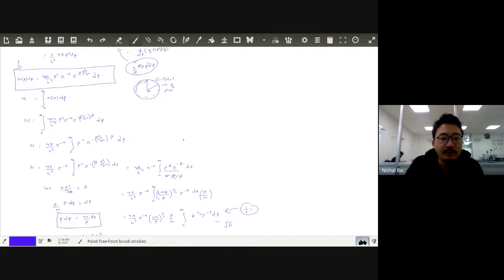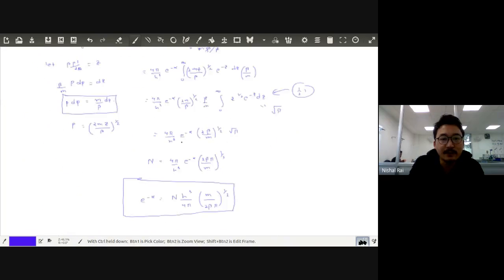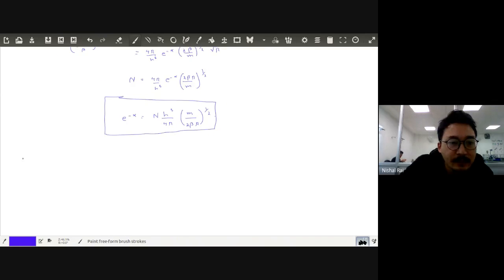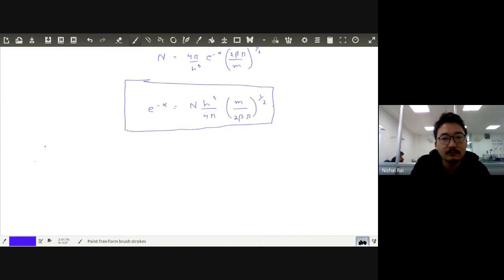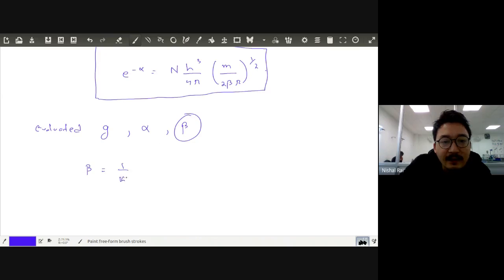Now we have found the value of g, you have found the value of alpha, and now beta is left. These are some of the expressions you have evaluated. Now you can know what is beta. Beta is 1 by kT.